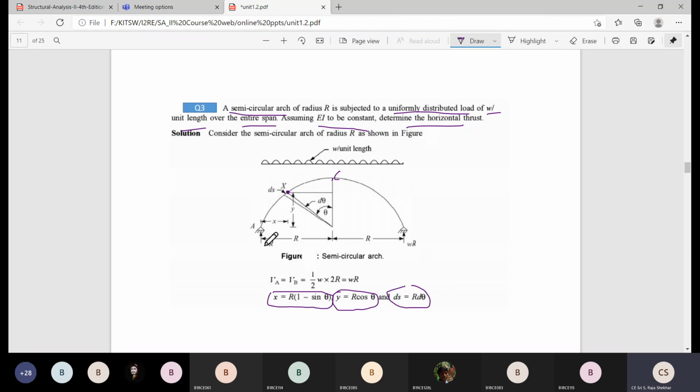For the calculation of the h value, first we need to calculate the VA and VB values. Since this is symmetrical loading, VA is equal to VB is equal to total load by 2. The total load is w into 2R, since the load is w per unit run and the total length of load is 2R.